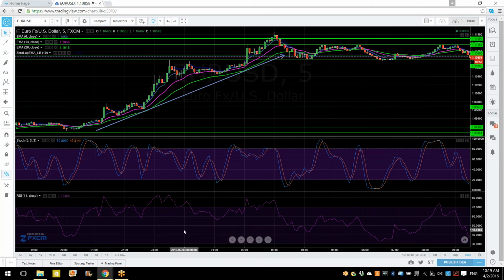Now I want to change a little bit more. What I want to do is add a couple of lines. I want to set the upper line at 95 and the lower line at 5. Because when it touches the upper line, the resistance, it has to go down.